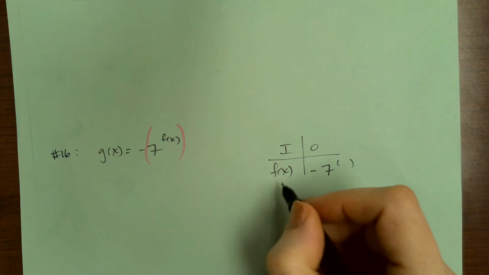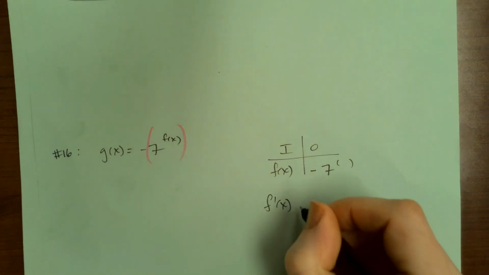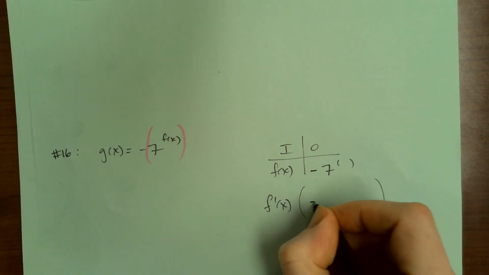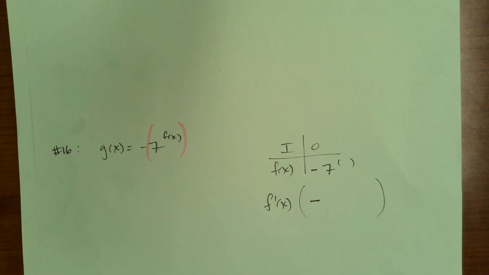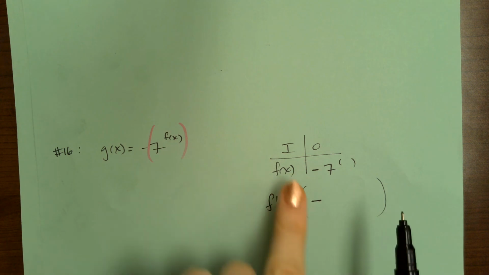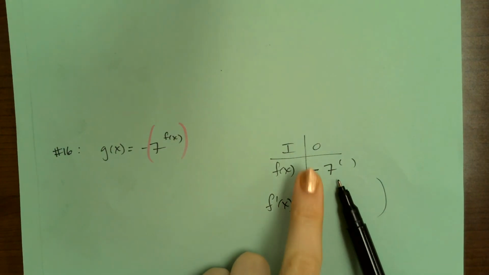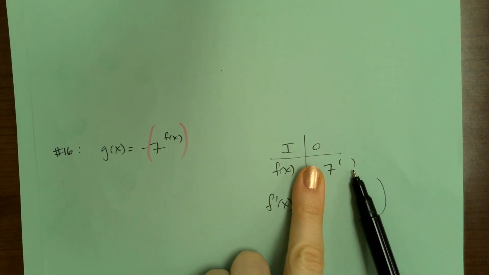Okay, inside derivative, f prime of x. Outside derivative, this negative comes down, all right? The negative just comes down. And then you need the derivative of, so ignore the negative now, because it already came down. We need the derivative of 7 to the blank.